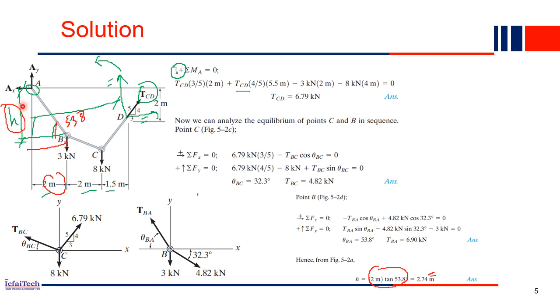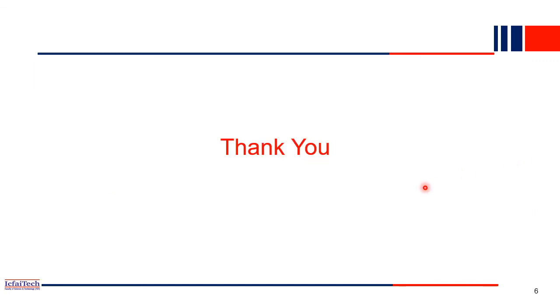Using the angle, we computed the height. That's how we analyze a cable subjected to only concentrated forces. In the next lecture, we'll discuss how to analyze a cable when uniformly distributed loads are acting. Thank you.